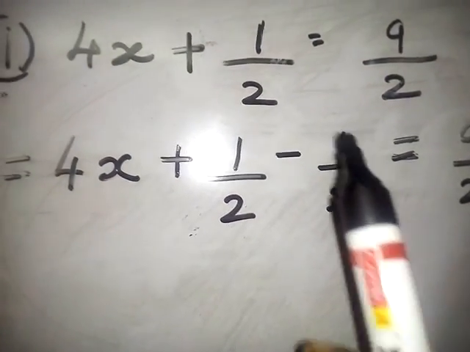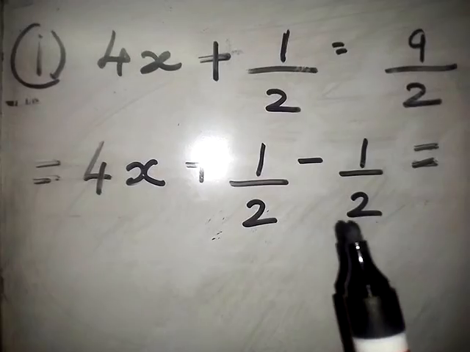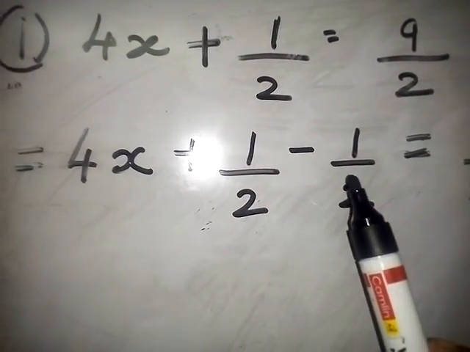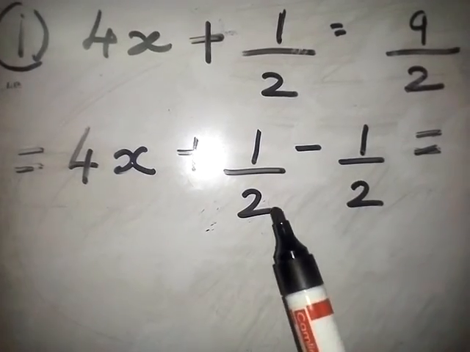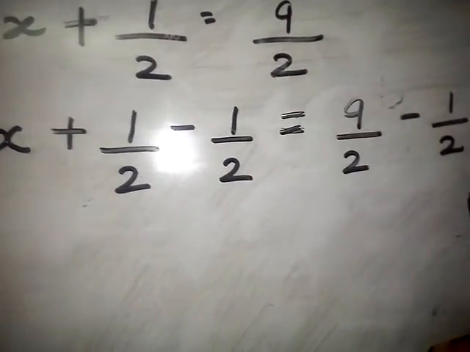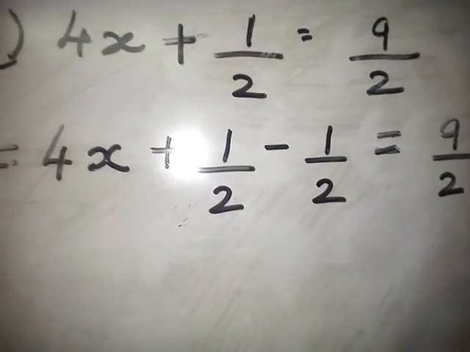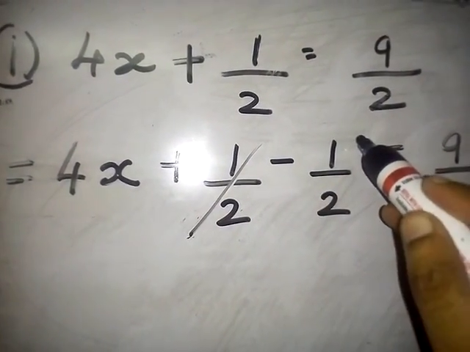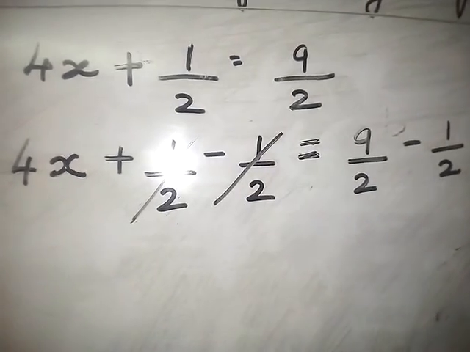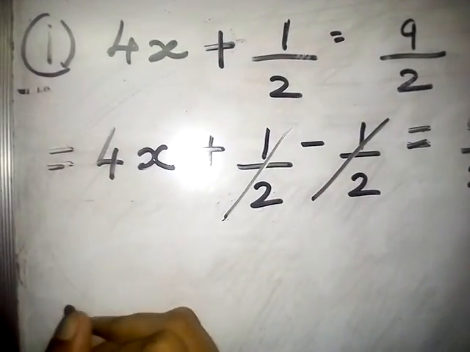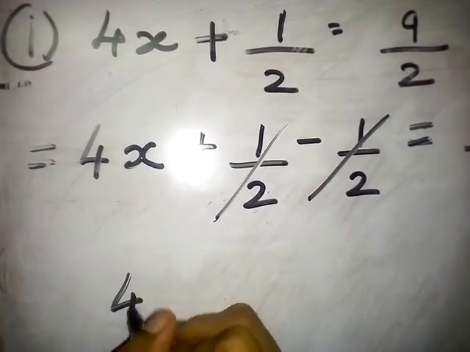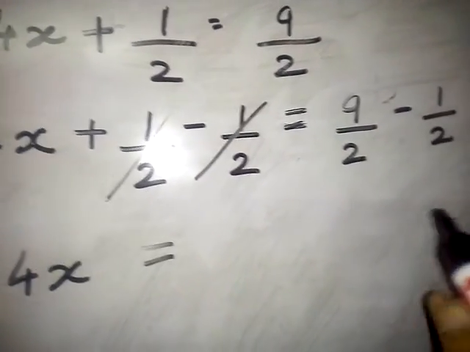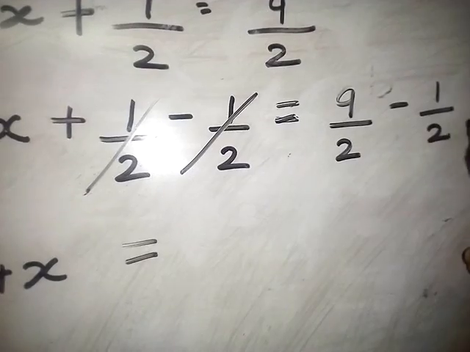Now on the left side, whichever opposite sign and number you have taken, on the right side you have to take the same number. Plus 1 upon 2 minus 1 upon 2 get cancelled. 4x is equal to 9 upon 2 minus 1 upon 2.